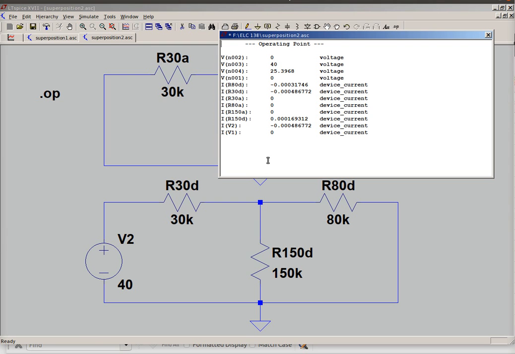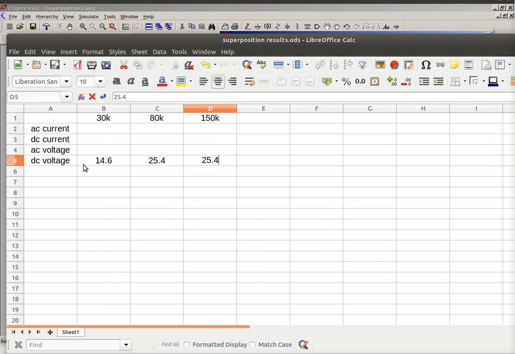So 0.49 milliamps through the 30. Going back to that results page, DC current is 0.49 milli. And then one was 0.32 milli, and the other one was 0.17 milli.